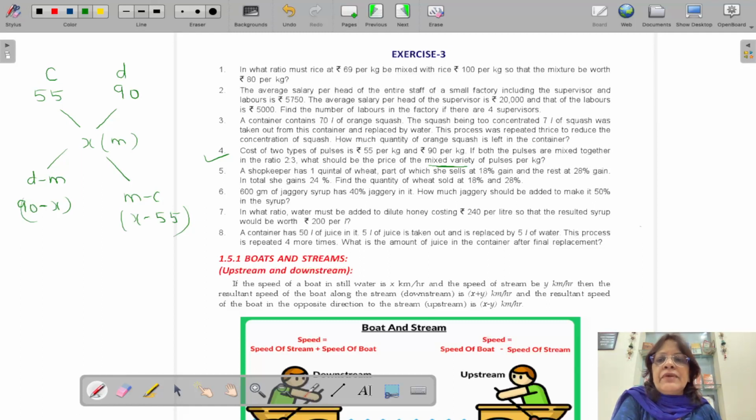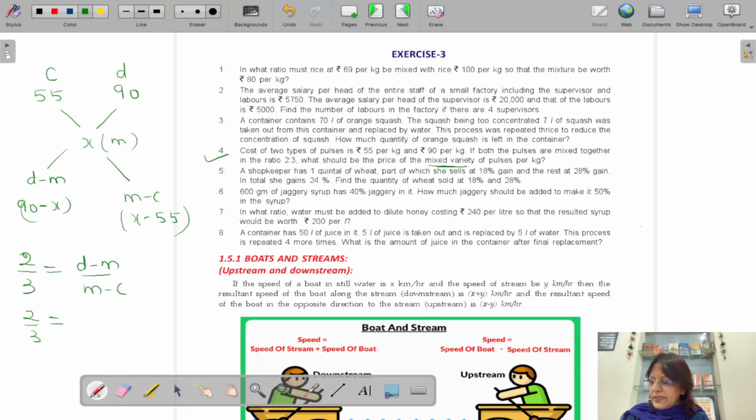If both the pulses are mixed together in the ratio 2:3, so 2 upon 3 is given to be D minus M upon M minus C. That is 2 upon 3. D minus M is 90 minus X upon X minus 55.